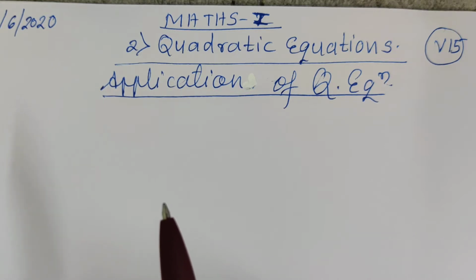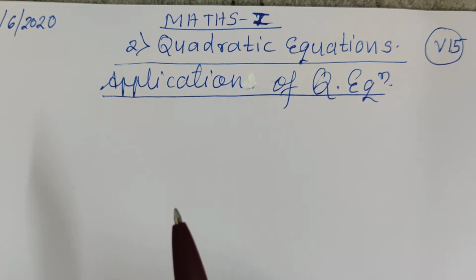Whenever you are solving these word problems, 2-3 important things you have to keep in mind. Whichever word problem is given, first you have to read it carefully. Not only one time. When you read it the first time, you will understand nothing from that. Then you have to read it at least 2 to 3 times, that means total at least 4 times you must read the word problem.